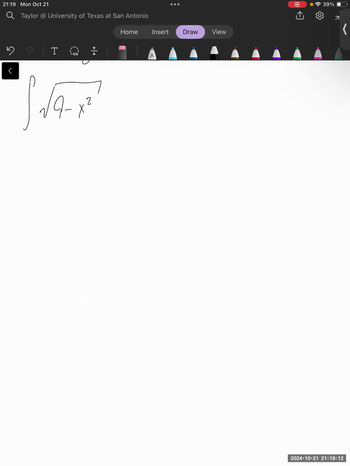Alrighty, so we're going to move on to trigonometric substitution. This example still kind of coincides with the one from before.